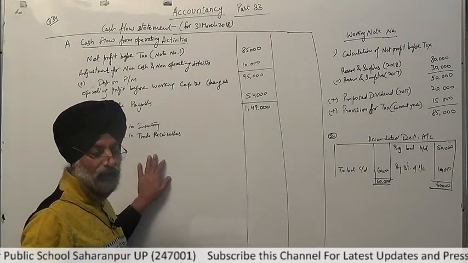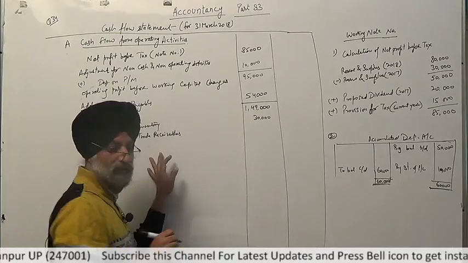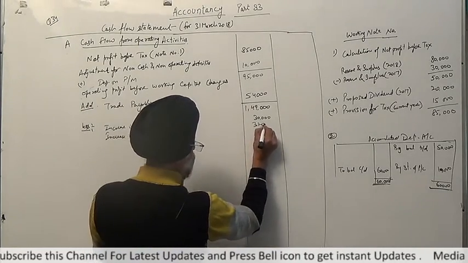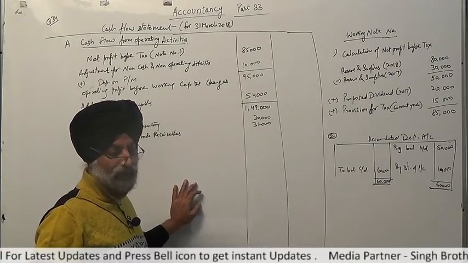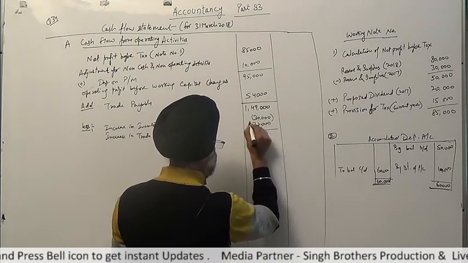Subtract these values, then we will get 87,000 rupees.